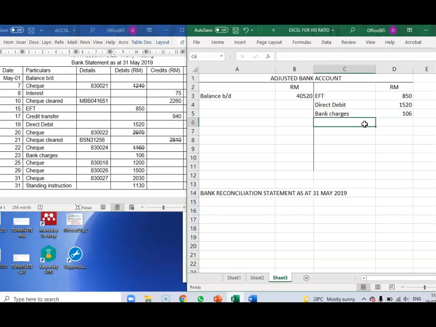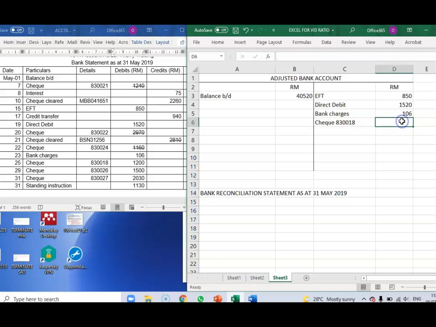The next is check. Okay, since the check has details, you must put the details in your adjusted bank account because it will make your life easier when we do the referencing later.